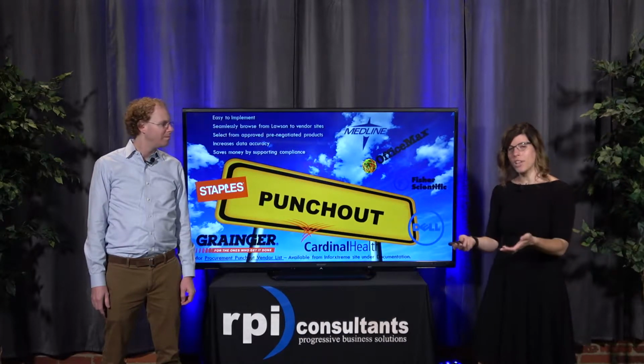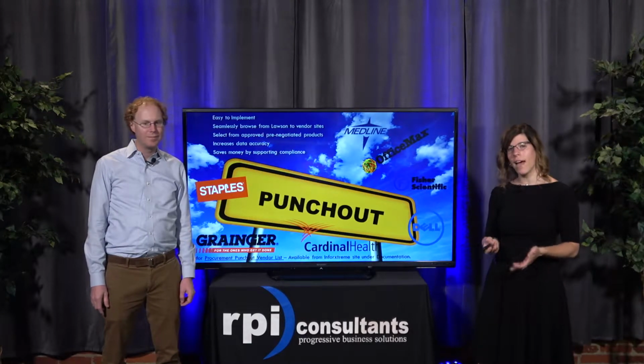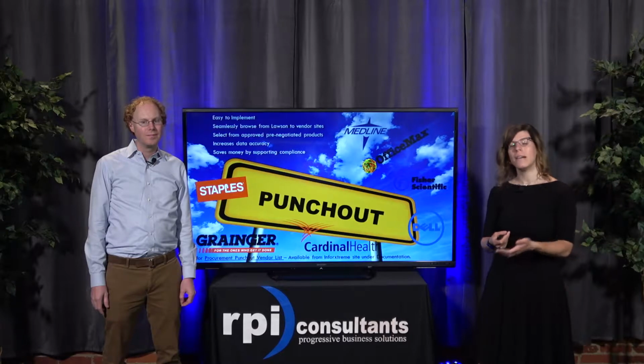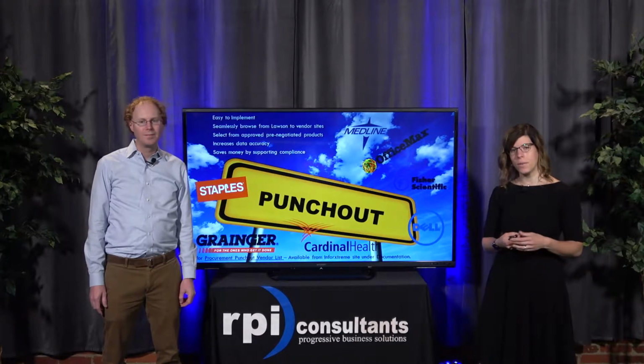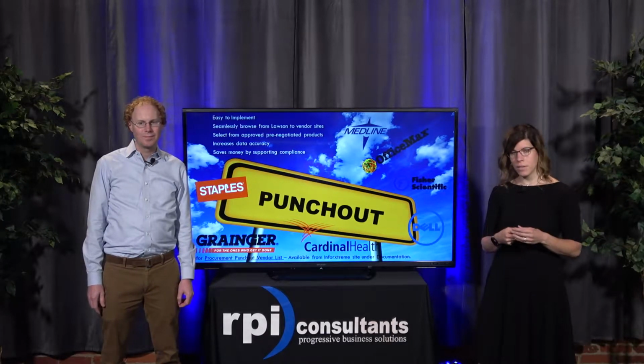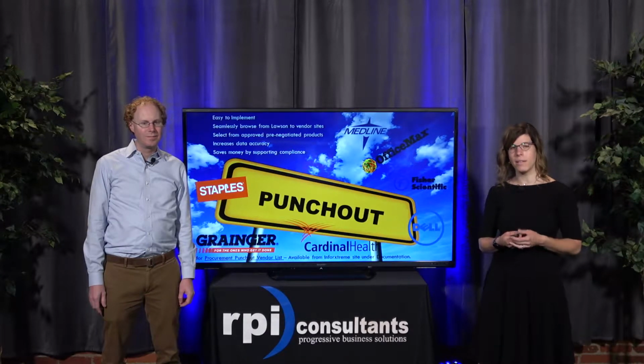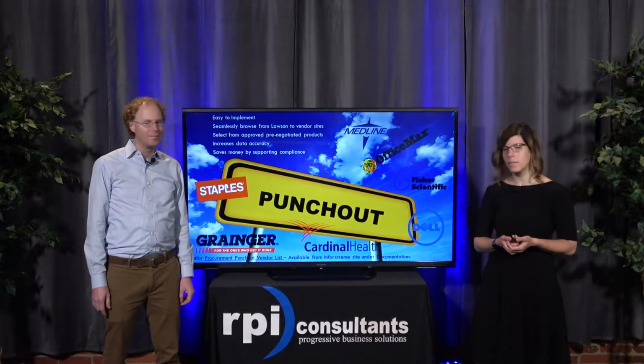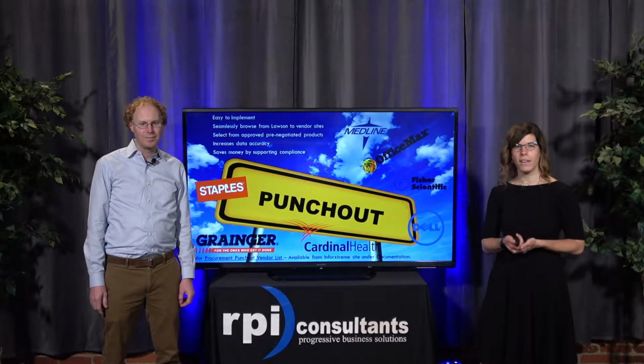Basically, you're punching out to the vendor's website, utilizing their catalog that you agreed upon. They're pulling in your price, and that's coming all back into the requisitioning system, and it's going to utilize the same approvals that you have in place and follow your normal process. So definitely something that you should look into.